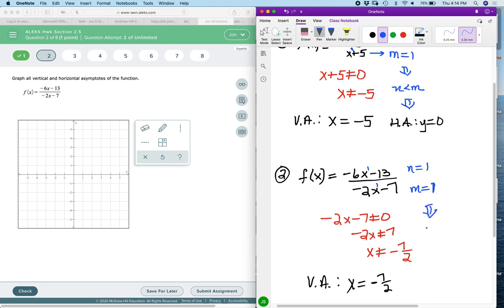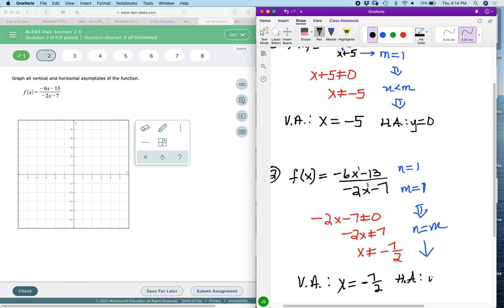We have n is equal to m, so for the horizontal asymptote we take the ratio of the highest order terms, negative 6x over negative 2x, and the horizontal asymptote becomes y is equal to 3.